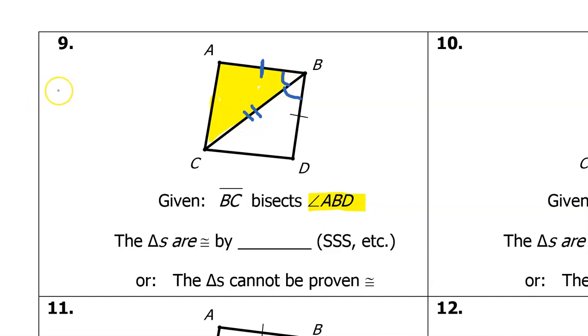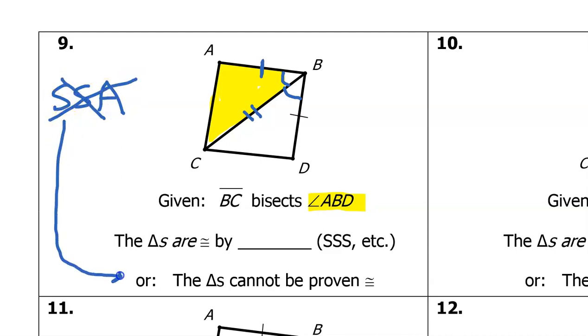So that means this will either be side-side-angle, which is not a thing and does not prove triangles are congruent, or it will be side, angle, side. Both of these involve two sides and an angle. The difference is whether or not the angle is between the two sides.